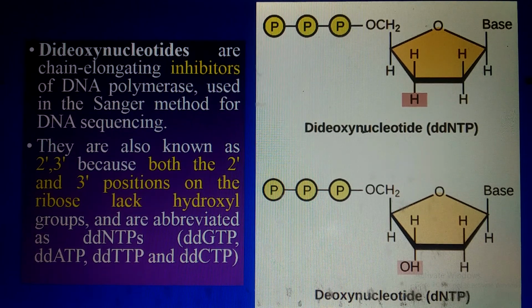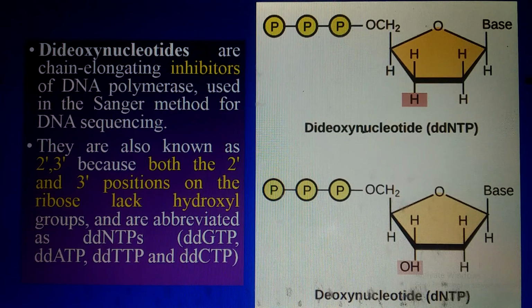Now there are 4 types of nucleotide, so there are 4 types of dideoxyribonucleotide. The ddNTPs are ddGTP, ddATP, ddTTP, ddCTP. So how many types of dideoxyribonucleotide are there? 4. Like the deoxyribonucleotides, there are 4 types in the DNA.